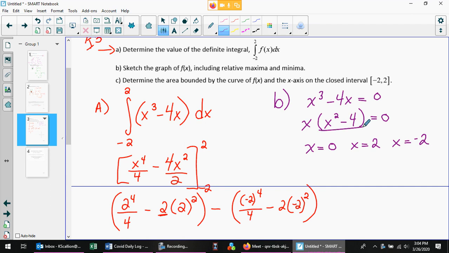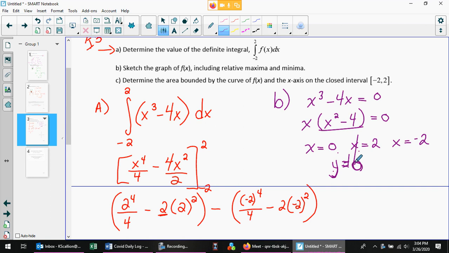Did you guys need to see that all the way out, or are you good? Okay, you're good. For the y-intercept, if I substitute 0 in for x, my y-intercept is going to be 0. I don't know what's happening here. Things are bouncing around. I'm going to move.